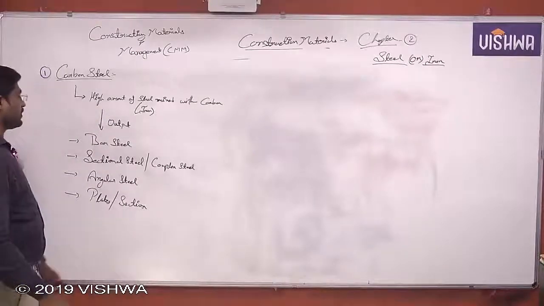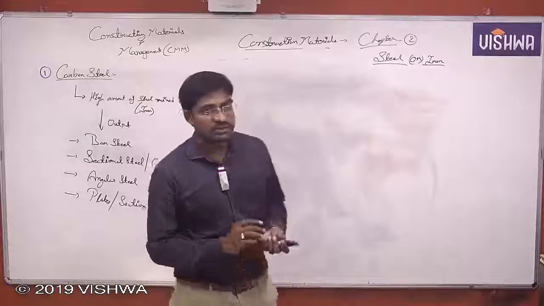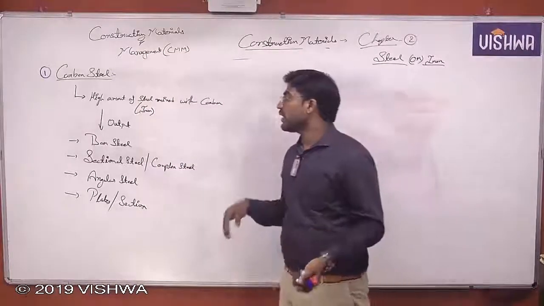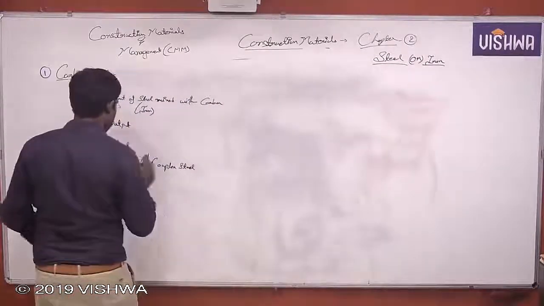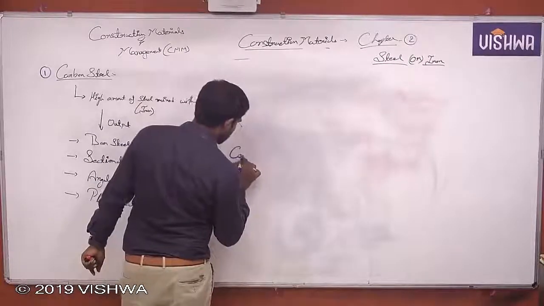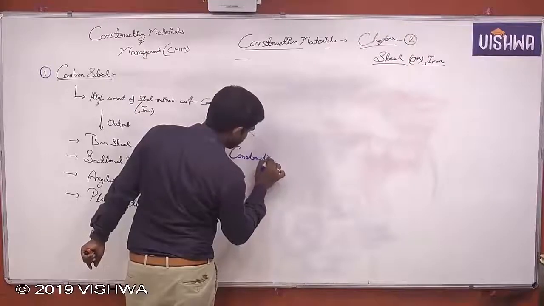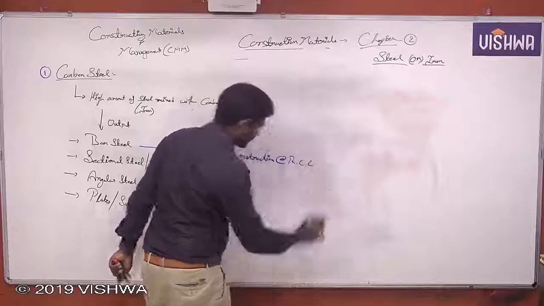In these four different types we can see the output. Steel mixed with carbon gives an output we see as bar steel, which we generally use in the construction format, especially with RCC.